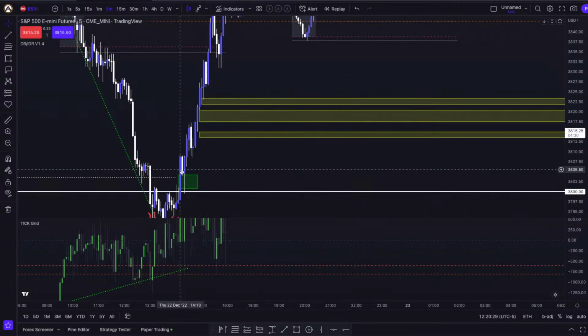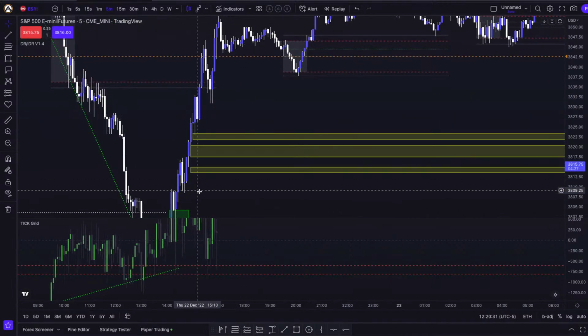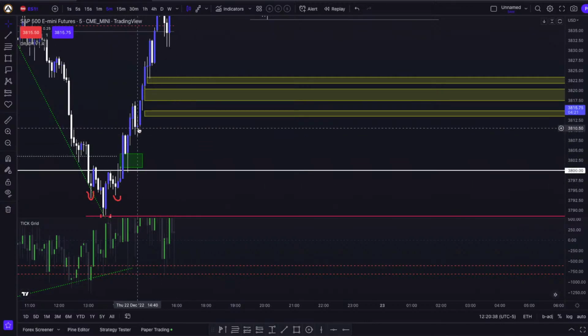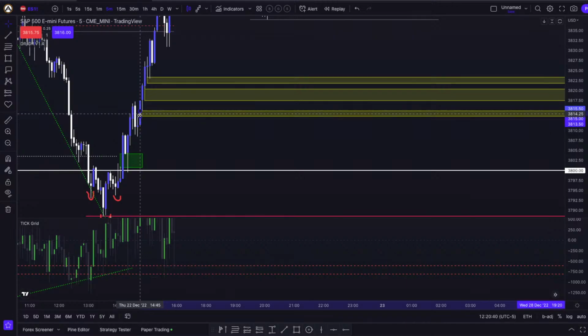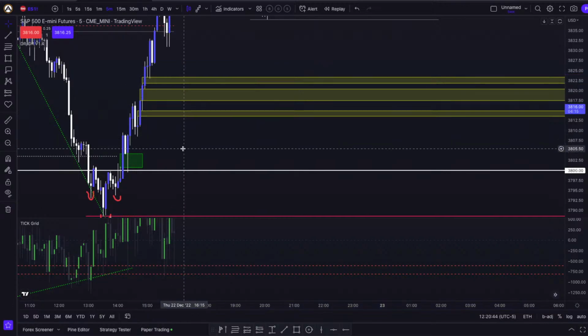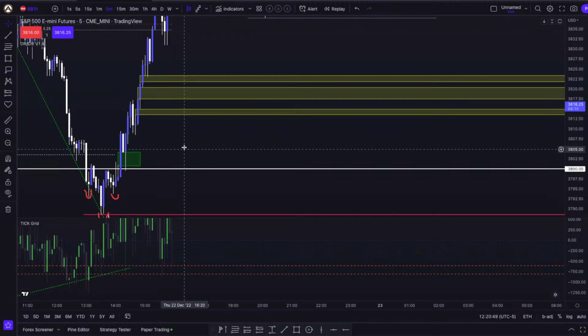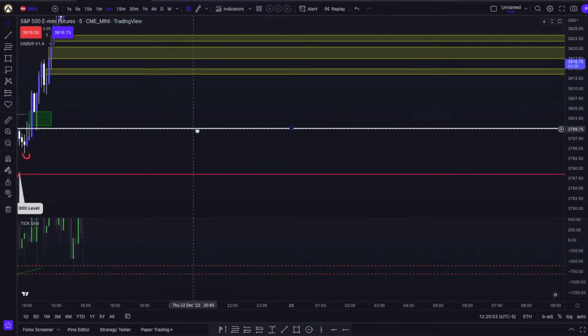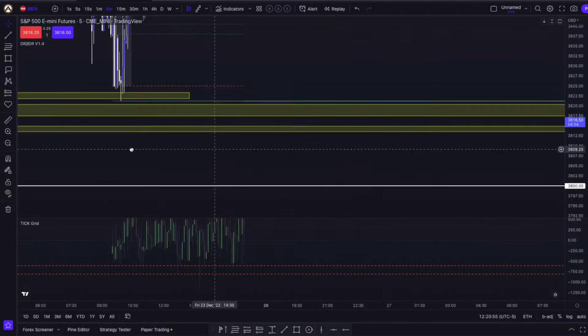Any of those down close candles could be considered order blocks on the way, but that's why I'm looking for fair value gaps right now. Other than those last 3 fair value gaps that we had on the way down, I'd say if we break through those, the next area of interest would be the 3,800 000 level.